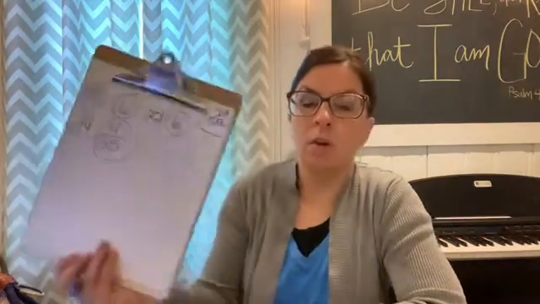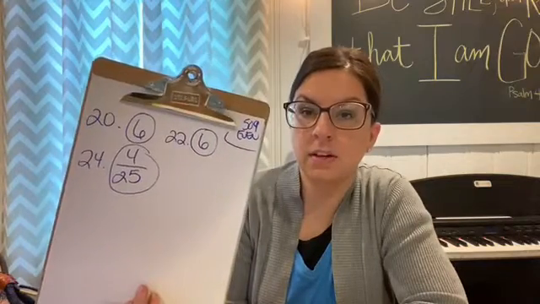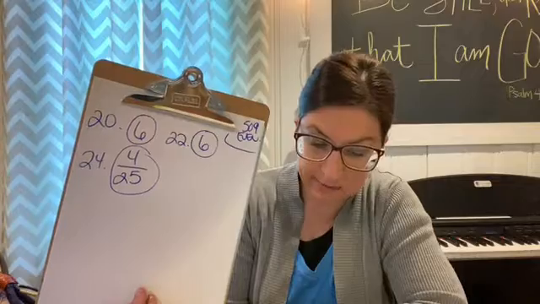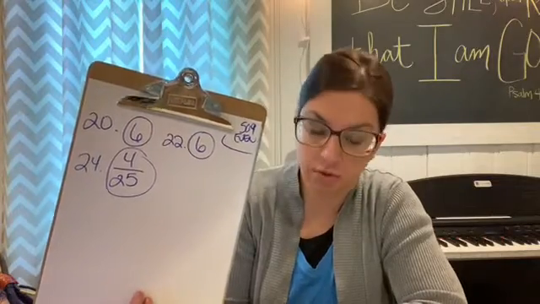What fraction of the United States had areas over 100,000 square miles? Okay, and so the answer to that would be 4/25ths. So you have to add all of them up together and see that there's 4 left over.